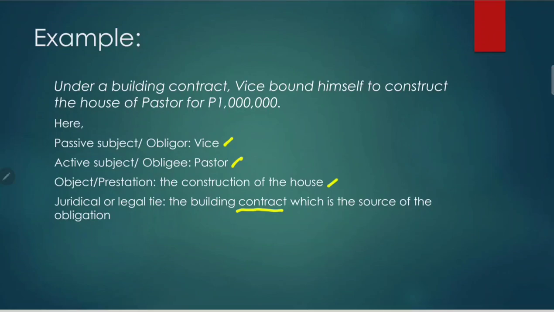So, ayun, passive subject or obligor, again, is Vice. Siya yung may duty. Active subject or obligee, si Pastor. Siya yung may right to demand the fulfillment of the obligation. Object or prestation, construction of the house, and juridical or legal tie or your source of obligation is the building contract.